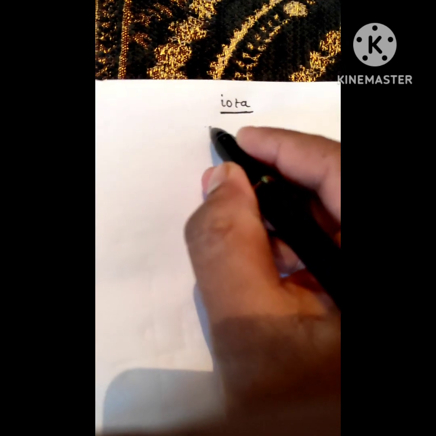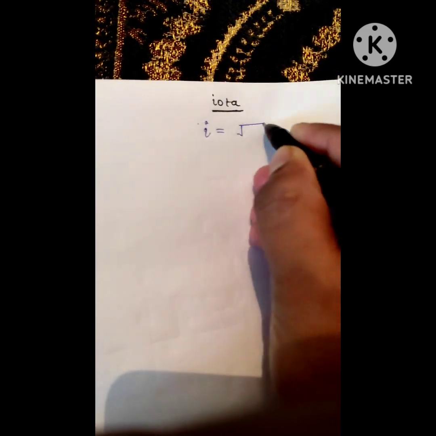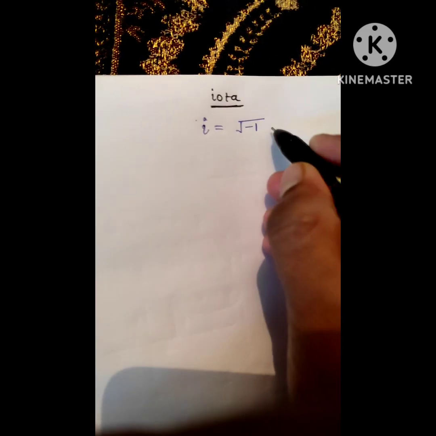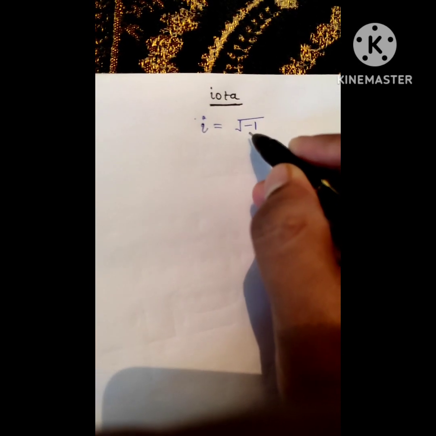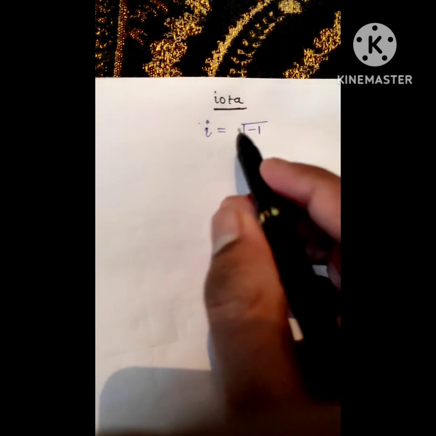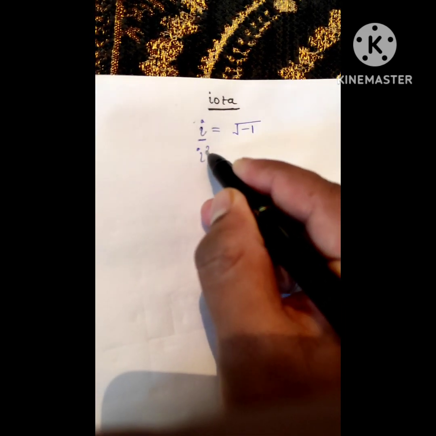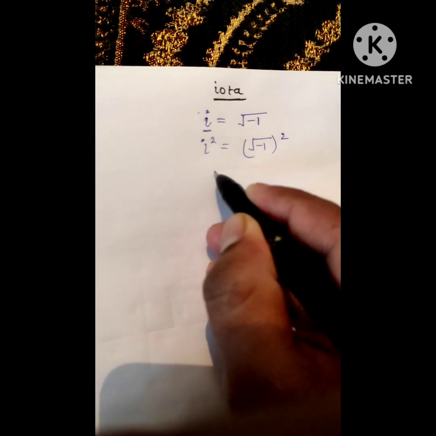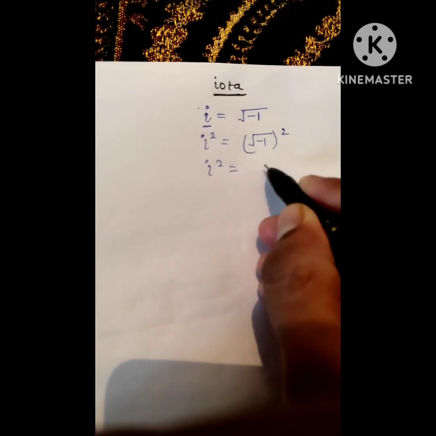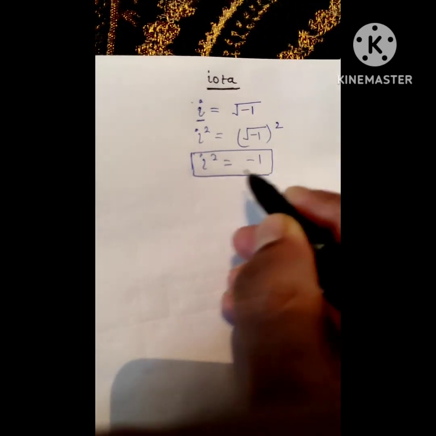Now what is iota? Iota is nothing but the value of i is the square root of negative 1. If we square both sides, we get i square is minus 1.